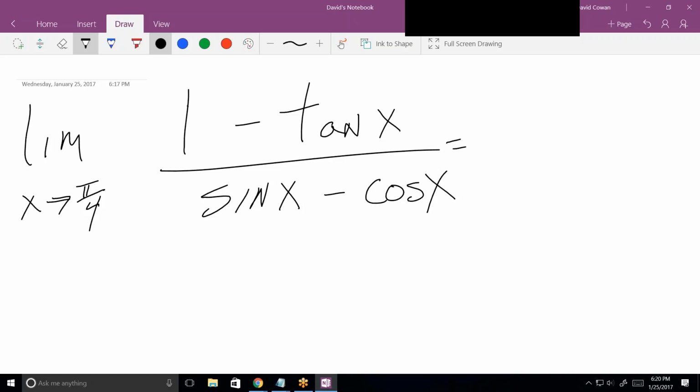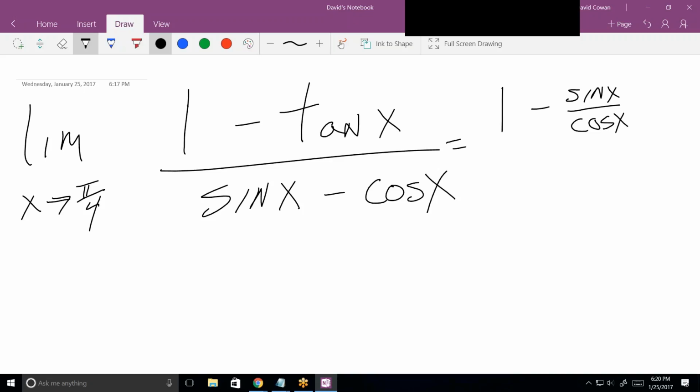I was thinking multiply both top and bottom by the conjugate of the top, because that'll give me 1 minus tan squared. But 1 minus tan squared doesn't have a trig identity, so that's not going to work either. So I think your method is the best way to do this. Let's see what happens when I do it this way.